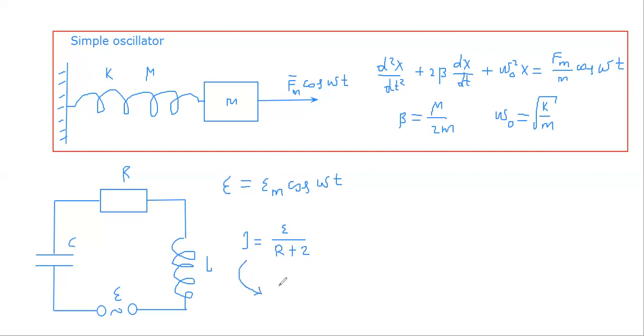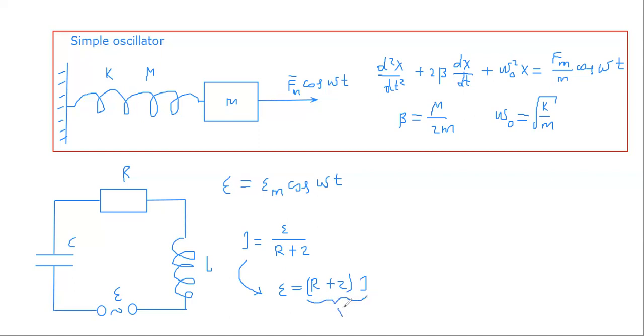So from here we can write that electromotive force is equal to I multiplied by R plus some resistance multiplied by electric current.